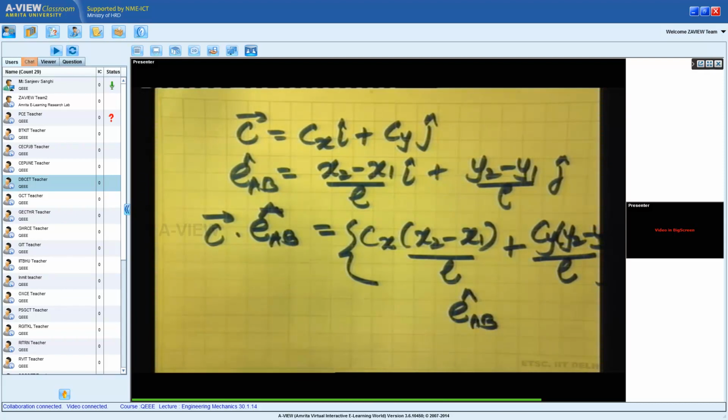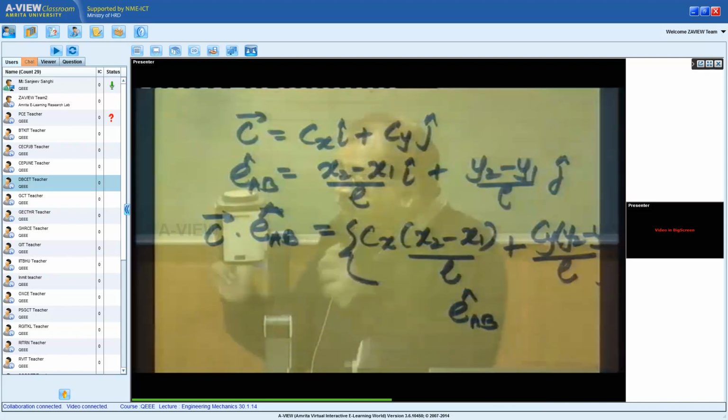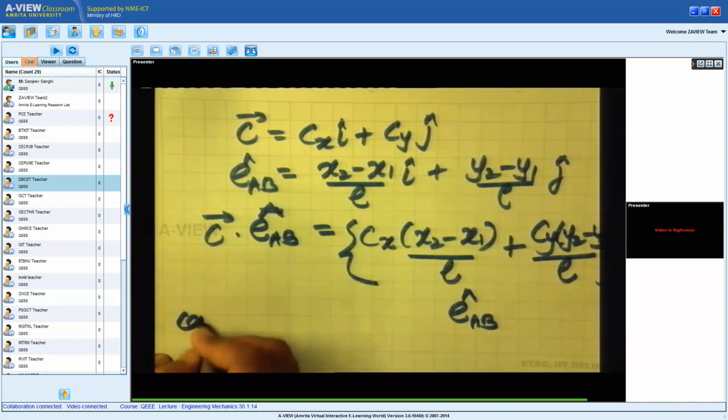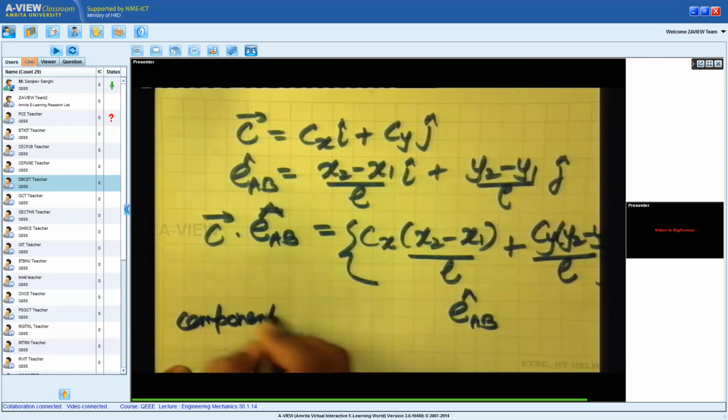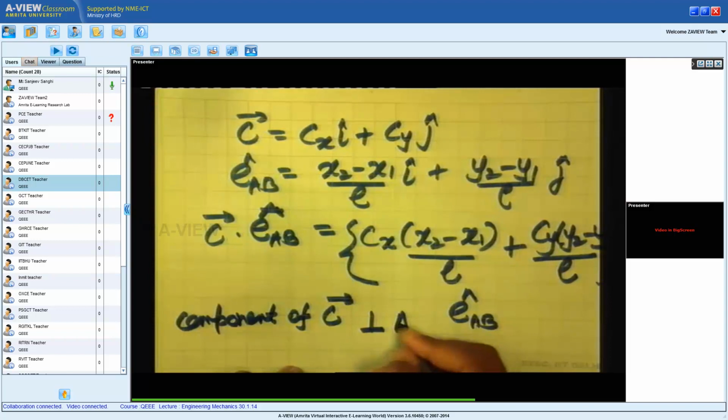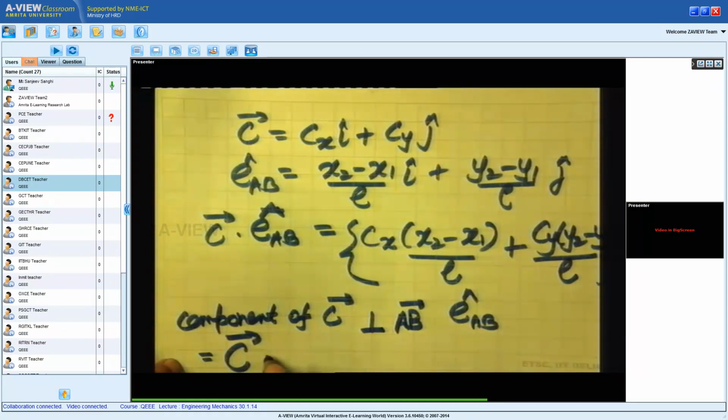And if I put this whole scalar along with eAB, this will give me the vector component. But before that, what is the component of C perpendicular to AB? And this is the main thing which I want you to learn. This component will be equal to the total vector C, from which you subtract the component of C along AB. What is that?